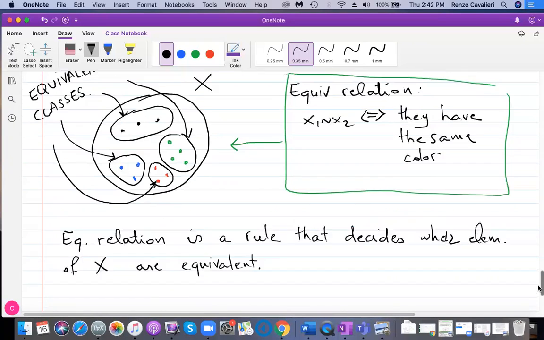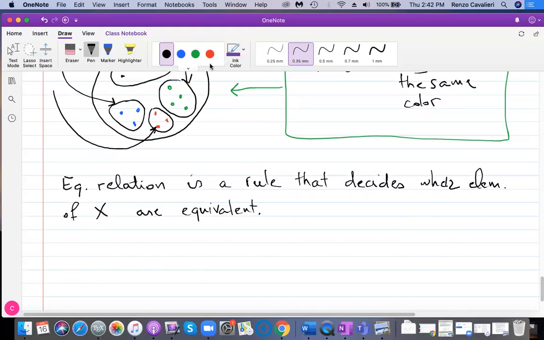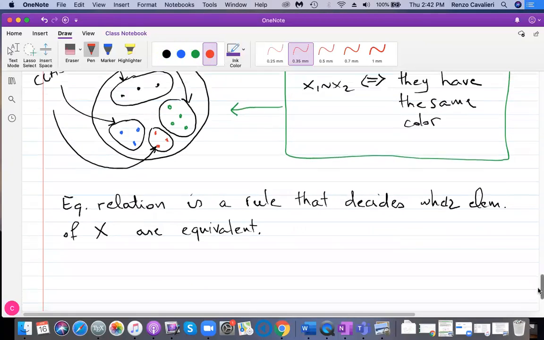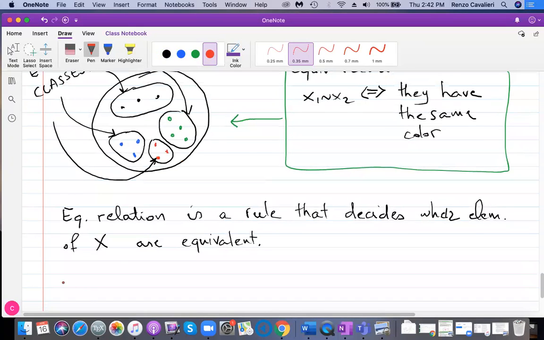Once you have an equivalence relation, you get a partition of the set X into subsets of things that are equivalent, and the subsets are called equivalence classes.